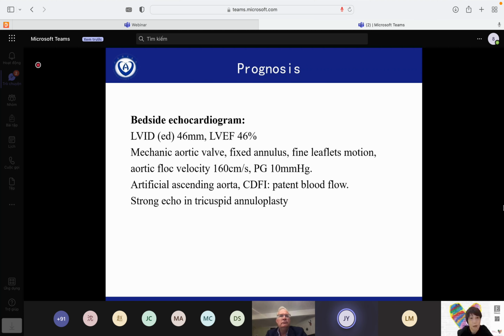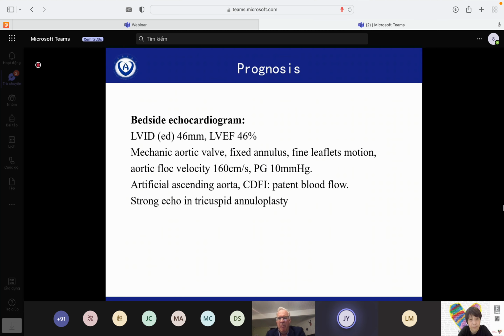This is the bedside echocardiogram for the patient after the surgery.